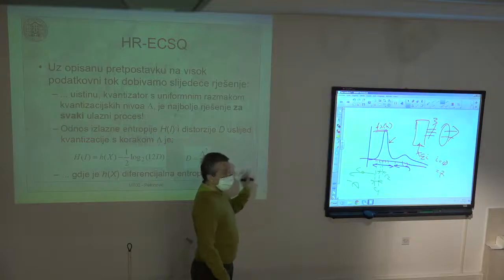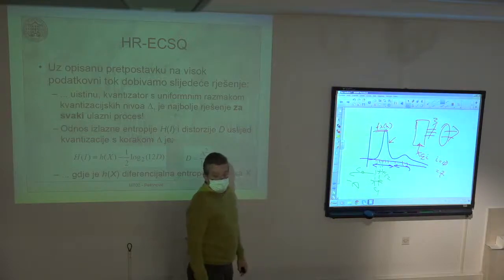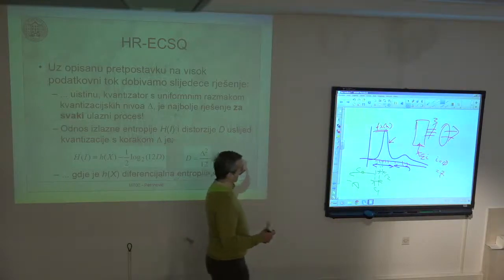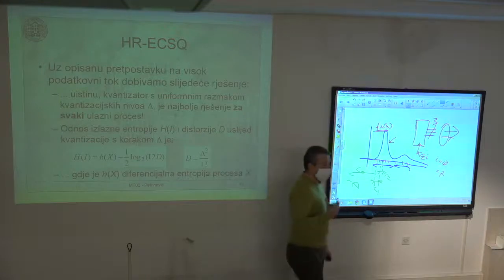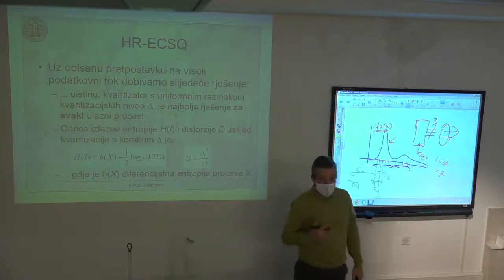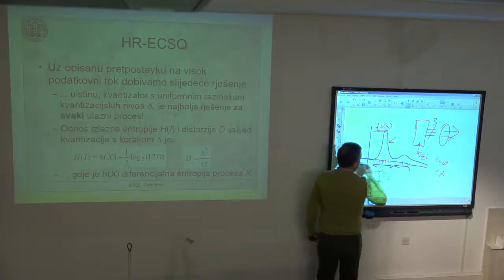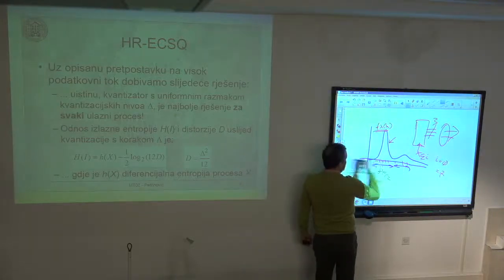But if we have the entropy coder, then the best solution is to use the uniform quantization. And after uniform quantization, what I do, I reduce the rate based on the probability of each of the symbols. So I simply take uniform step size and I extend this value to plus minus infinity.